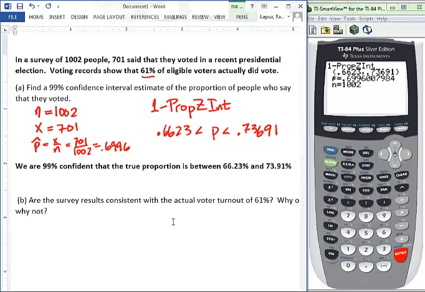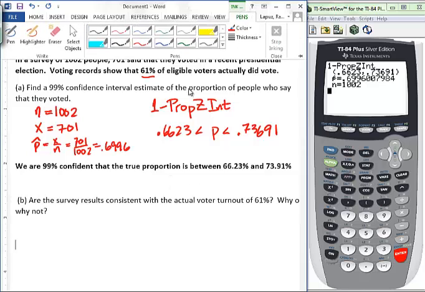Now in part B they're asking, are the survey results consistent with the actual voter turnout of 61%? Why or why not? I think this is an interesting question to look at.